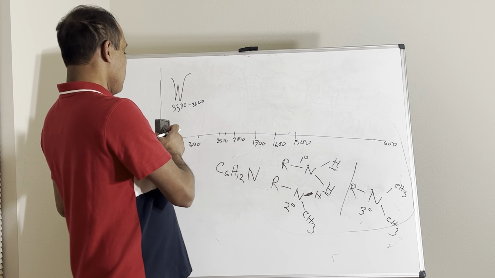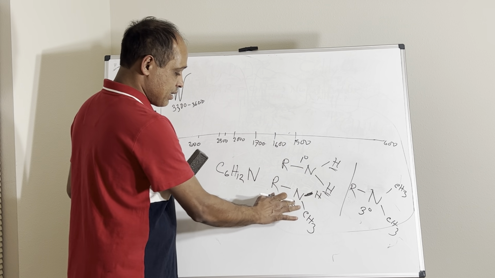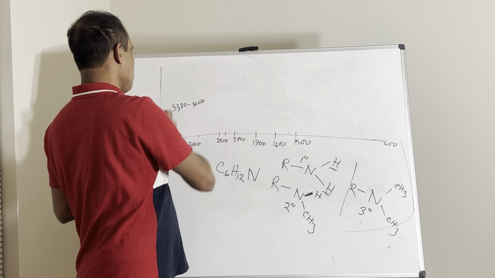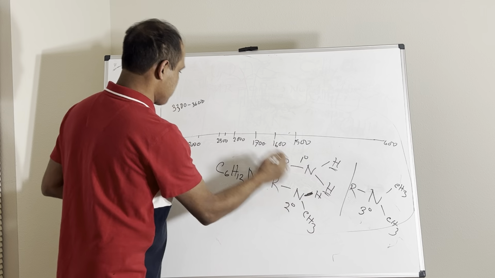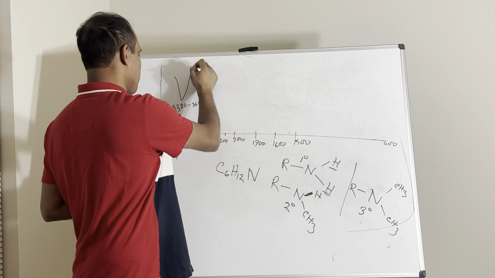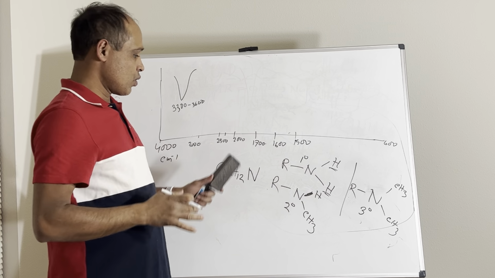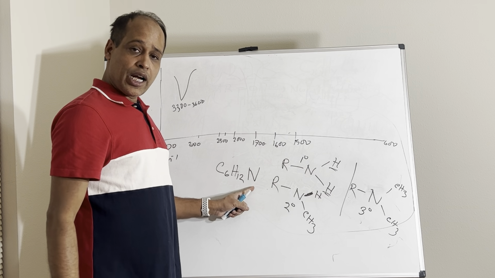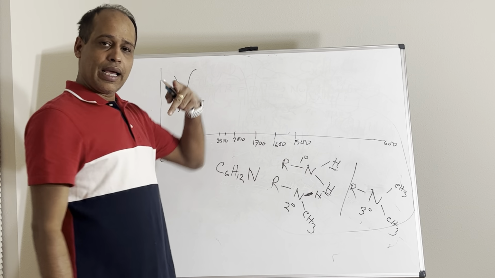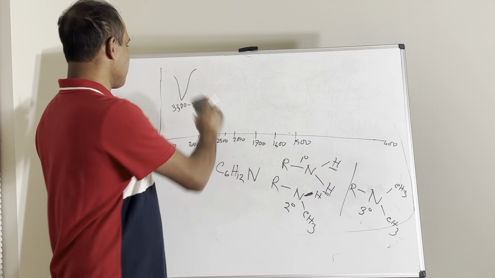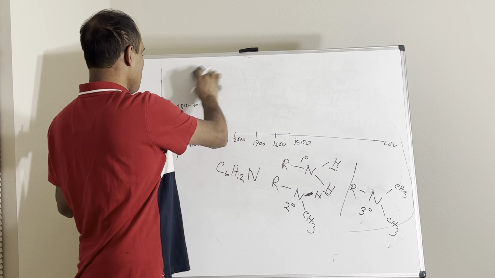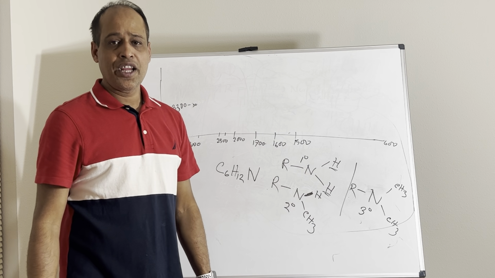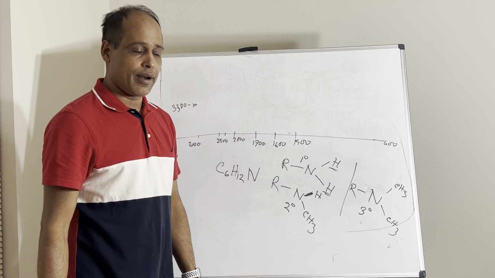But if your nitrogen is in the secondary condition, like a 2 degree amine, since it has 1 hydrogen, remember that 1 hydrogen gives 1 band in the same region, so it will be a secondary amine. But if you have nitrogen and you don't see either a double band or a single band in this region, there is no band, so you can say, okay, my nitrogen is a tertiary amine, like a 3 degree amine.